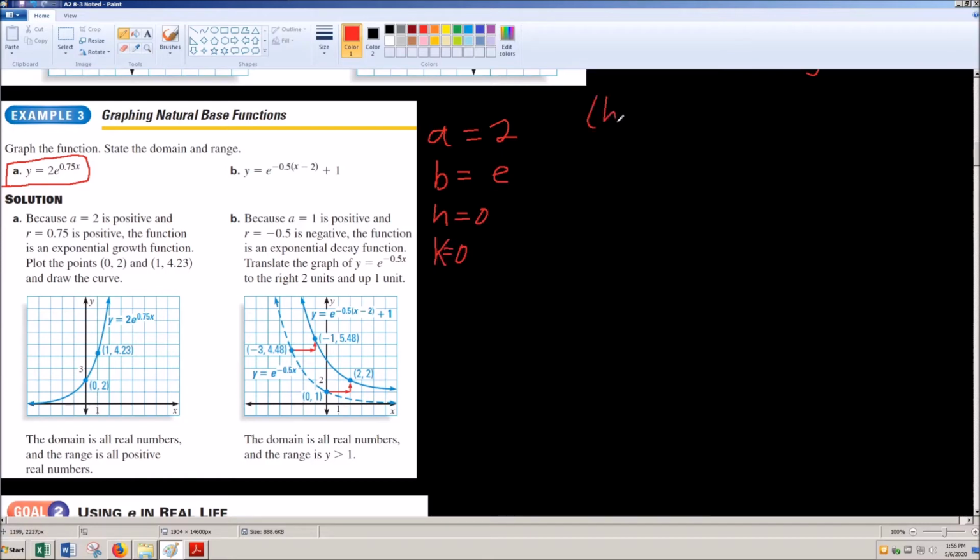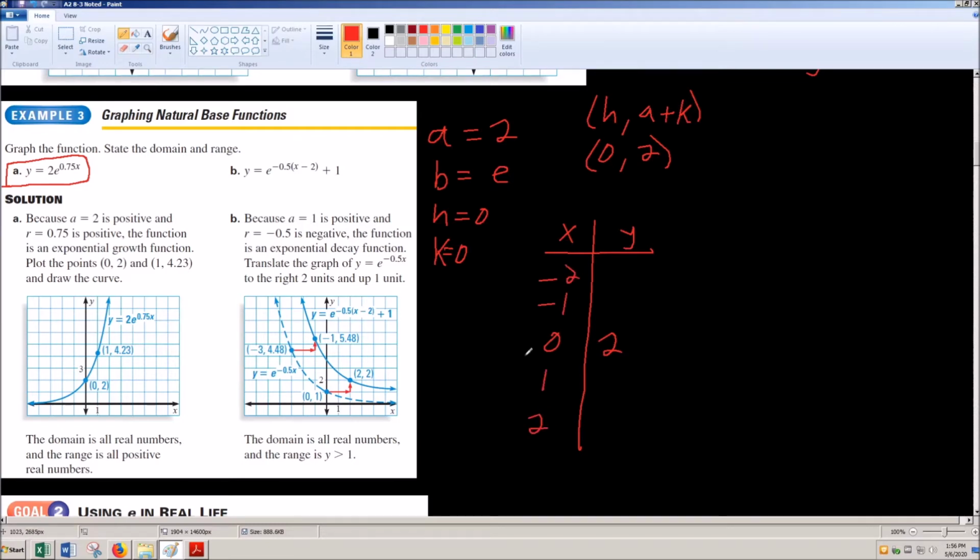So I'm going to start with H, comma, A plus K, and go from there. This is going to start at 0, comma, 2. From there, I'm going to again pick points to the left and to the right. So X, Y: 0, 2 is right in the middle here, then negative 1, negative 2, and then 1, 2.